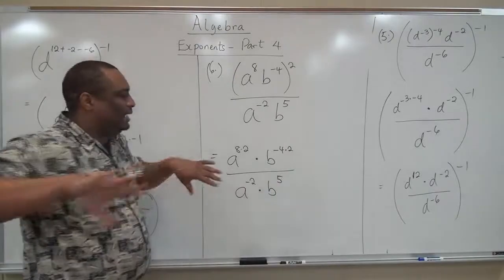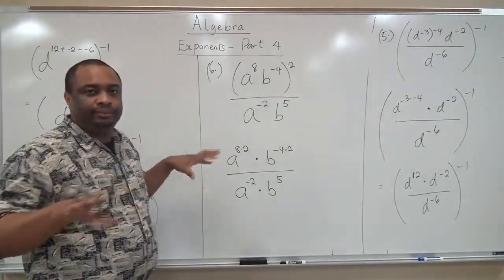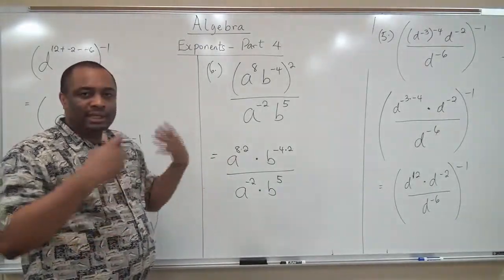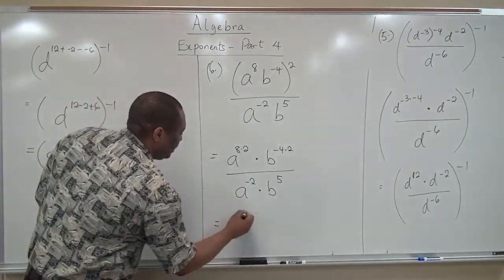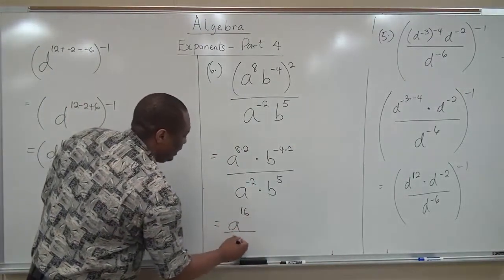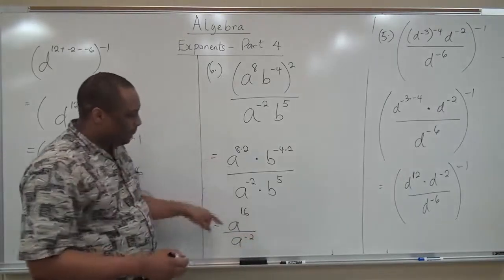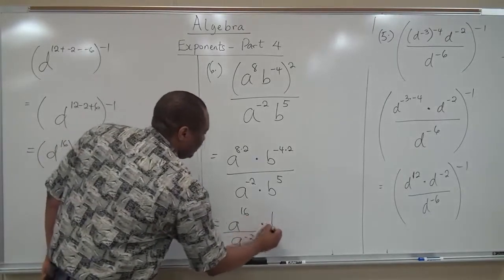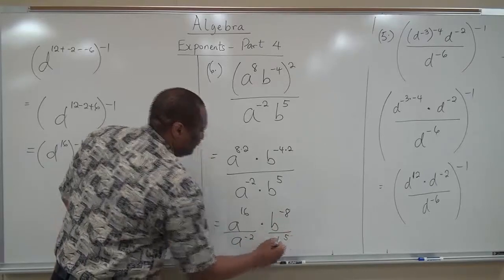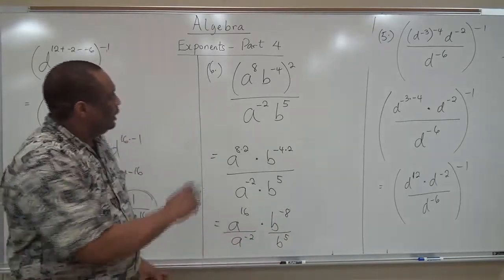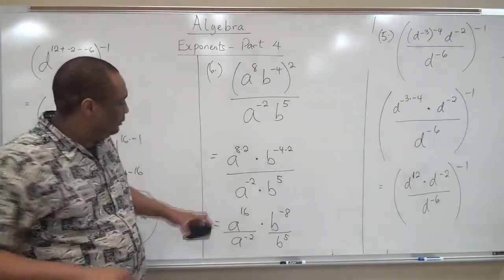You see, I dissociate, then solve, then associate. So this will give us a exponent 16 all over a exponent -2 times b exponent -8 all over b exponent 5. See how I dissociated it?